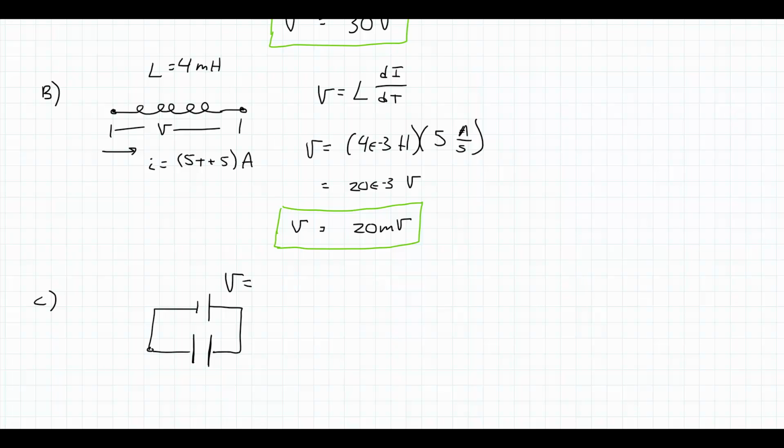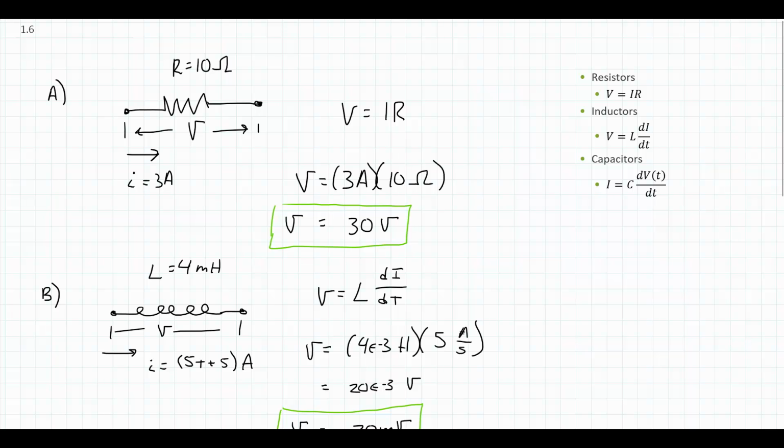We'll have a non-constant voltage source of 3 times t volts, so the voltage will increase linearly in time. And we're going to have a capacitor here with a capacitance of 0.4 farad. What we're interested in is what is the current going through this loop of our very simple circuit.